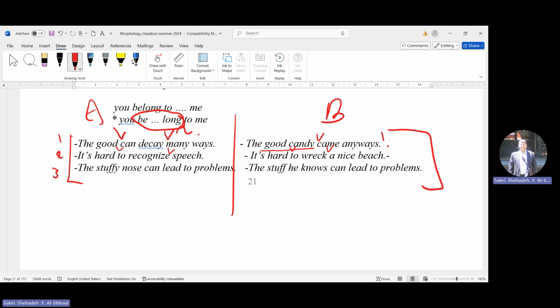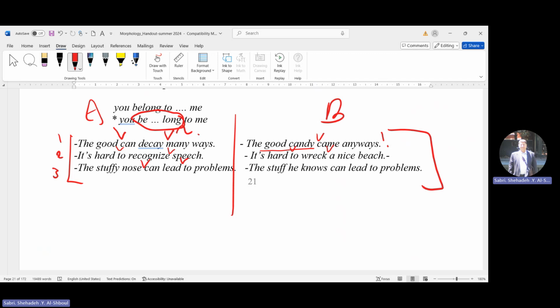Sentence number three: "The stuff he knows can lead to problems." Repeated without pauses, it has the same problem. But when we use the proper pause, it would also be clear. So we say "the stuff he knows," pause here, "can lead to problems."